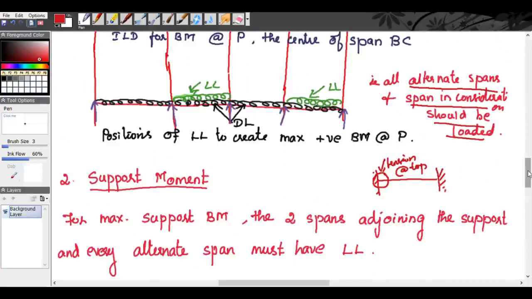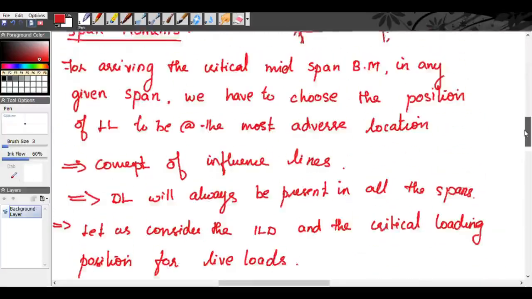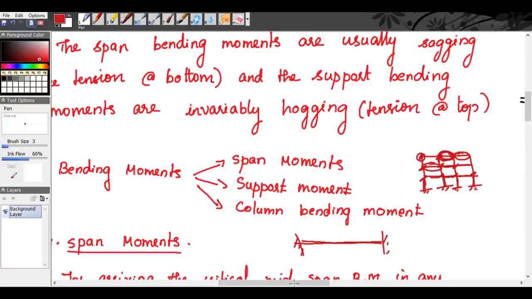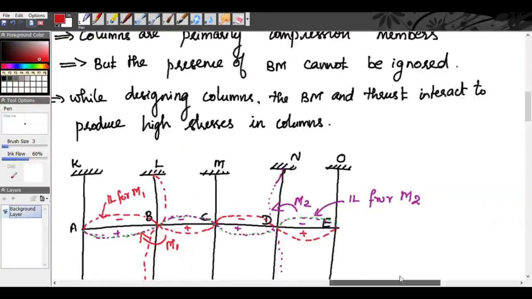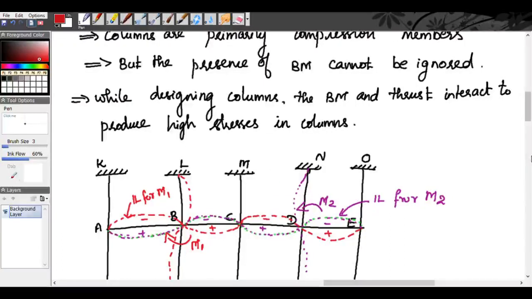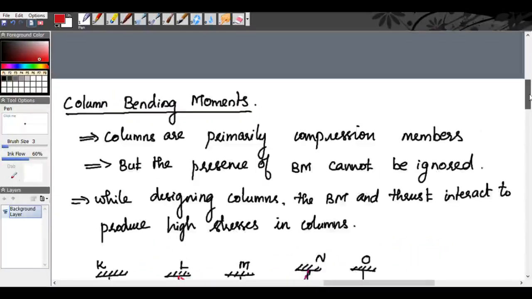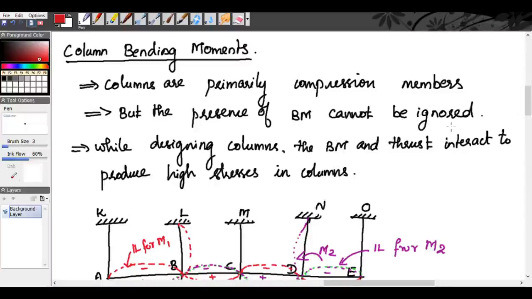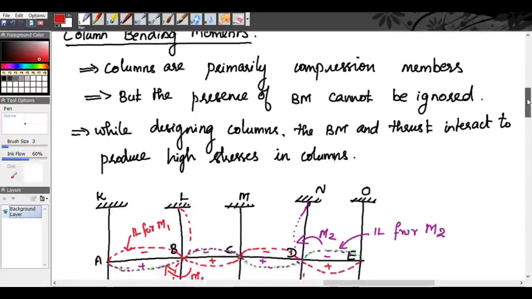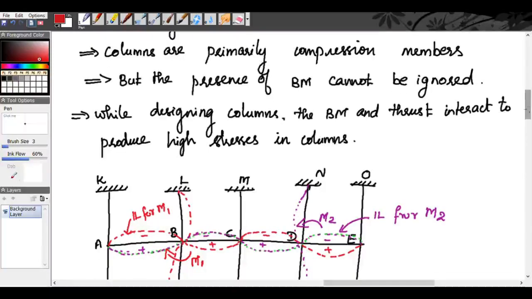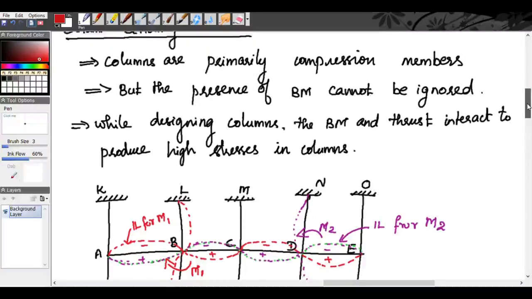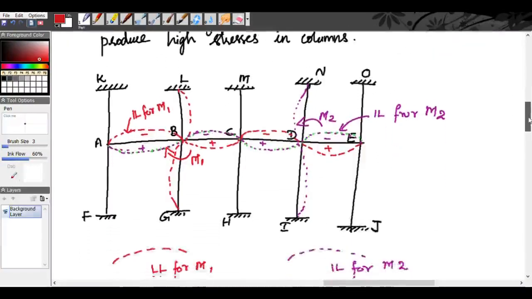type is the column support, the column bending moments. We know columns are primarily compression members, but the presence of bending moment cannot be ignored, and while designing the columns, the bending moment and thrust interact to produce high stresses in columns.